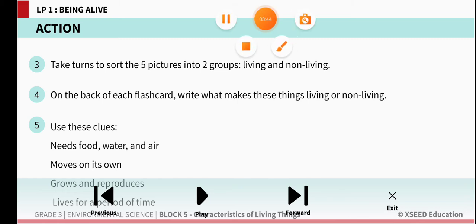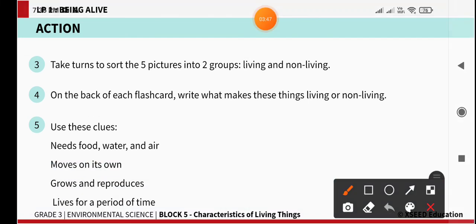You know that all living things need food, they need water, and they need air. For example, can you close your nose for 2 seconds? You feel suffocation. We cannot be in that position for a long time.